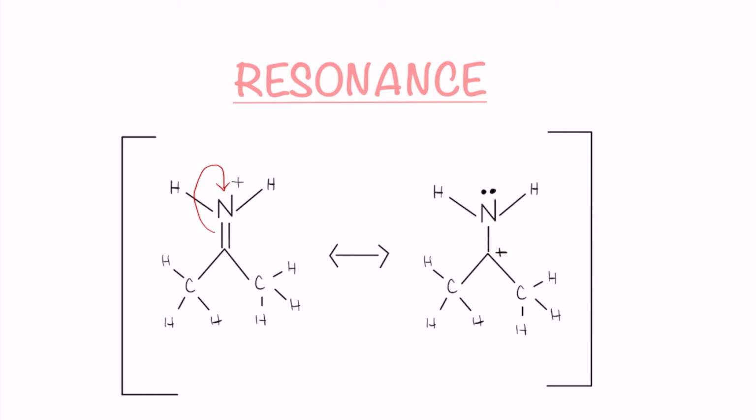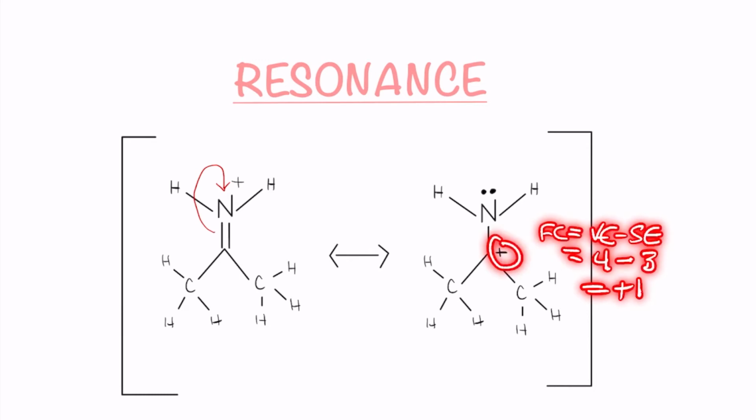And so that gives it a positive charge here. Even if we wanted to recalculate its formal charge, it's equal to valence electrons minus surrounding electrons. Carbon has 4 valence electrons and surrounding it right now is 1 from each bond. Because it has 3 bonds, it has 3 surrounding electrons, and that makes for a total charge of positive 1. So you see here that this positively charged carbon is valid.